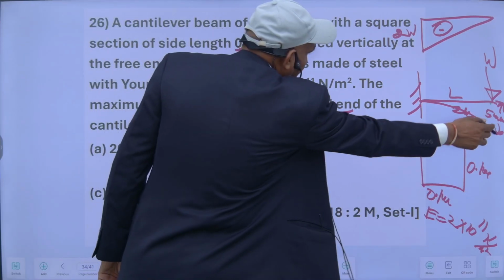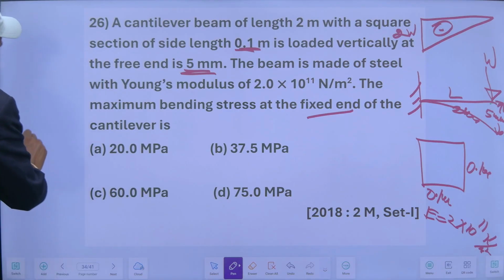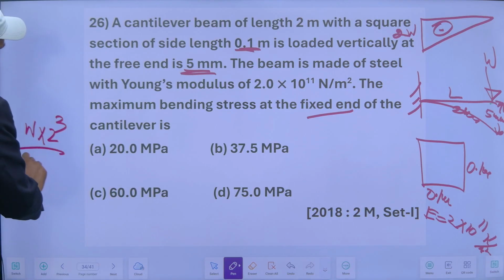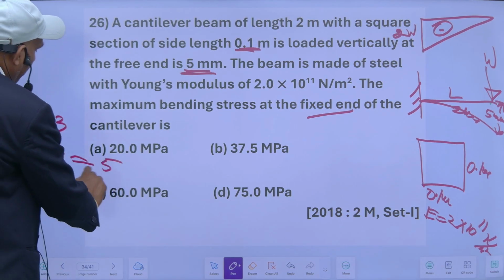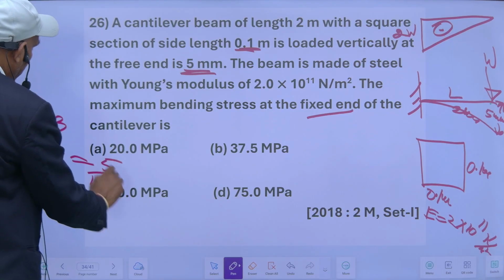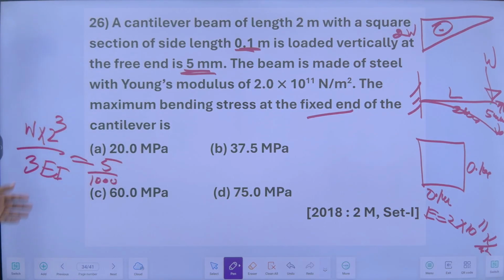So this vertical deflection is 5 mm, means vertical deflection at the free end is equal to WL cube upon 3EI. This is the formula for vertical deflection at the free end. This is equal to 5 mm, means 5 upon 1000 meter. So WL cube upon 3EI is equal to this much.